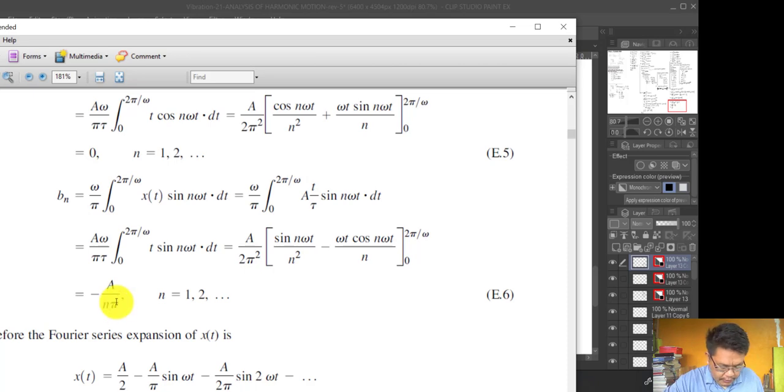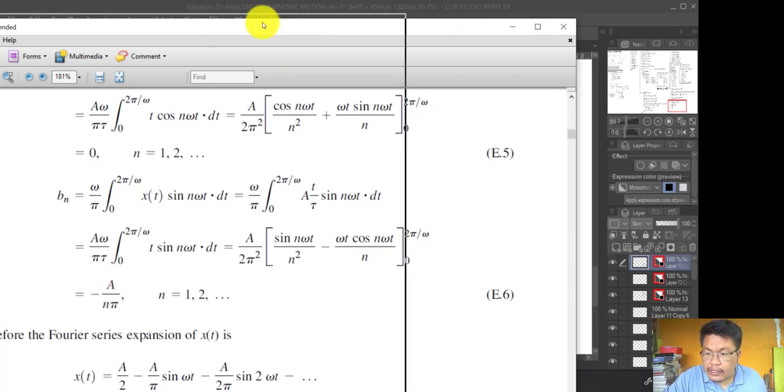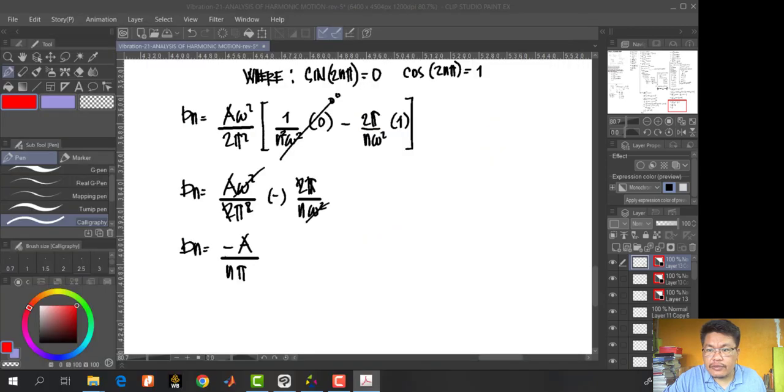We have negative a over n pi. So it means that we are on the right path of our solution. It is the same, except the book is too much of a shortcut, so that's not explained, because the solution is long.